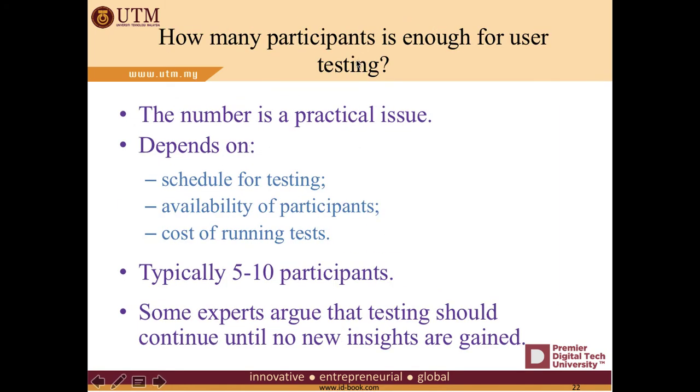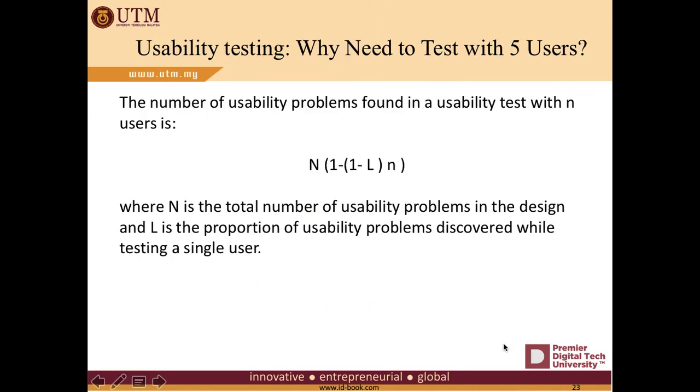How many participants is good enough for testing? It depends actually. Normally we have 5 to 10, but in order to get a good result, you go for 15. That would be good enough. This is a formula to show why you need to test with a minimum of 5 users.